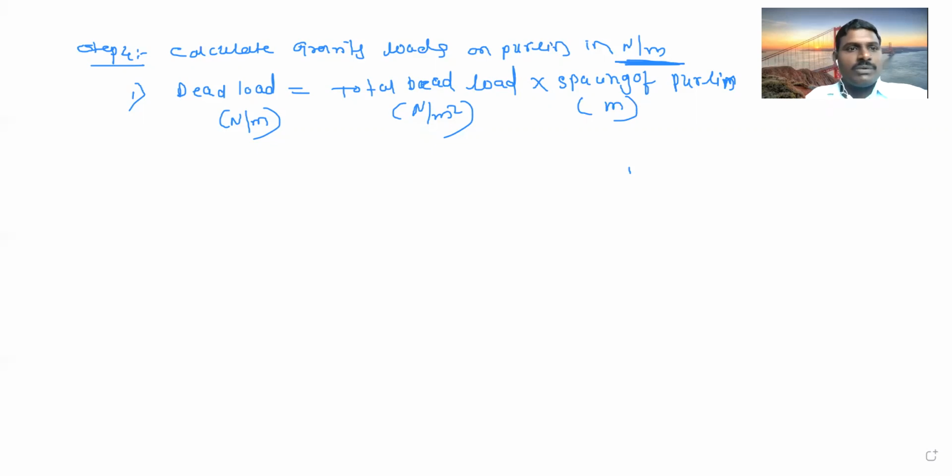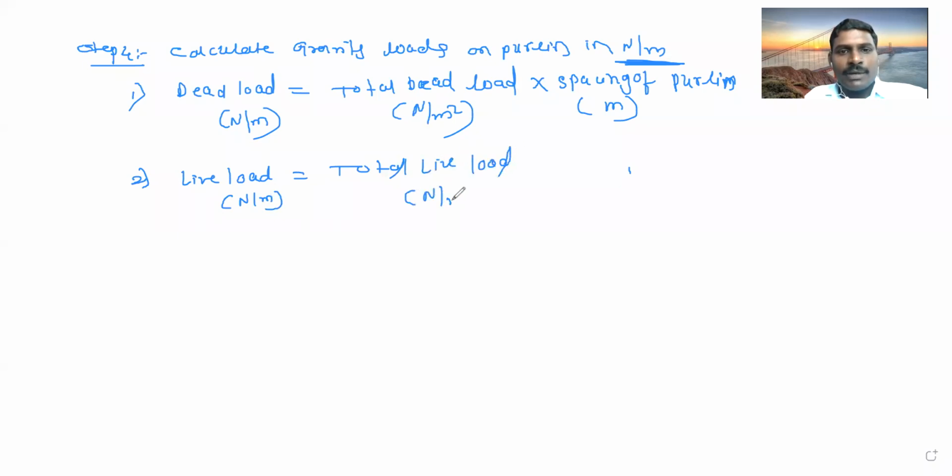Okay. So now similarly live load we have to calculate. Live load is equal to total live load, again in Newton per meter. So total live load in Newton per meter square into spacing of purlin in meter.